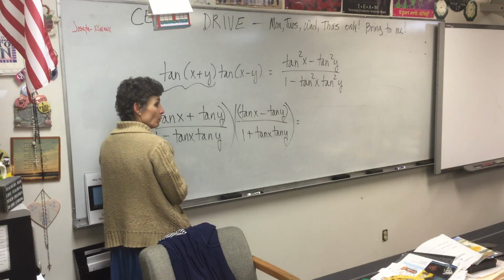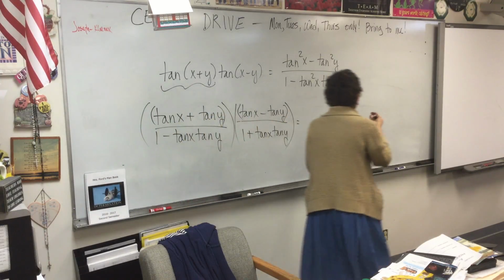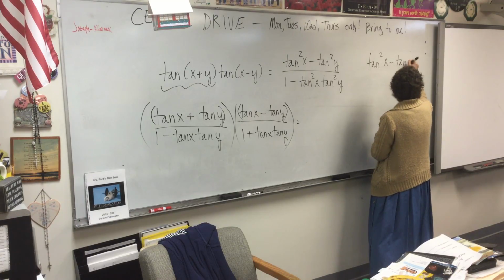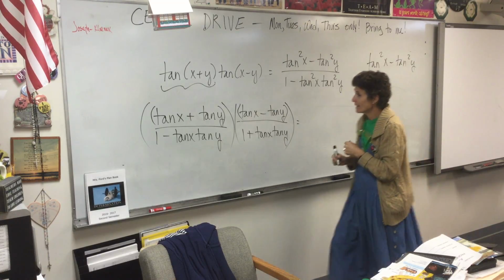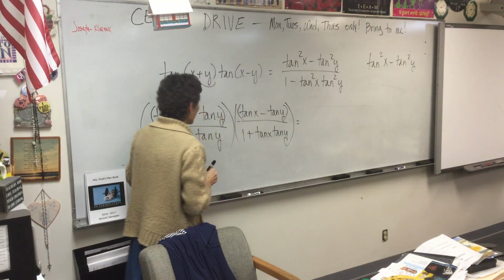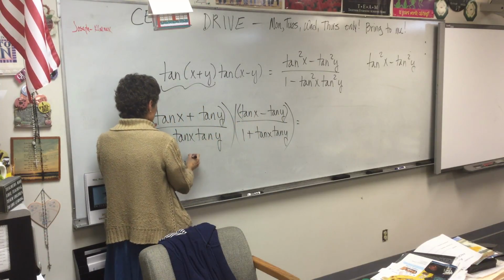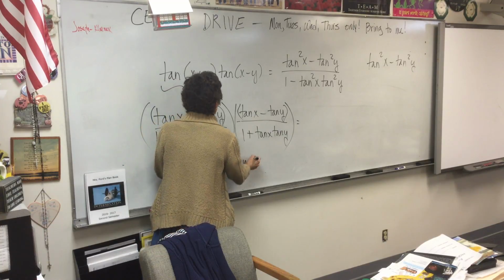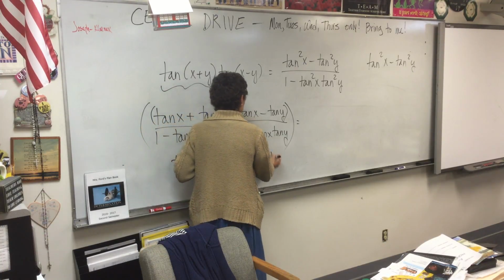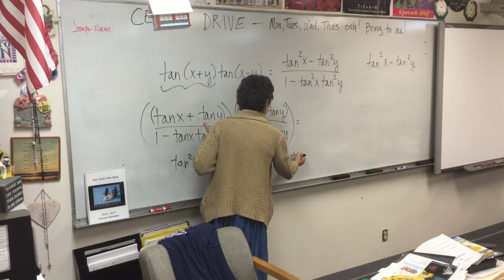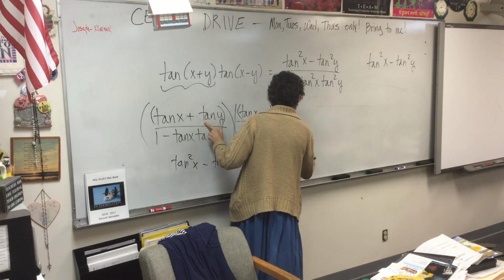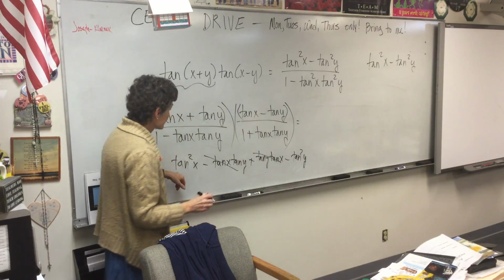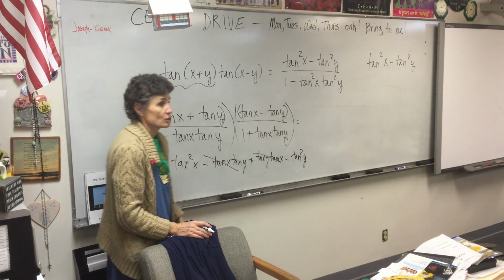It's going to turn out to be tan squared minus tan squared, isn't it? Now, if that's too much for you, you can go ahead and do it term by term. So you get tan squared minus tan plus tan minus tan squared. So these cancel. So it's like Brenton said, it's the difference of squares.